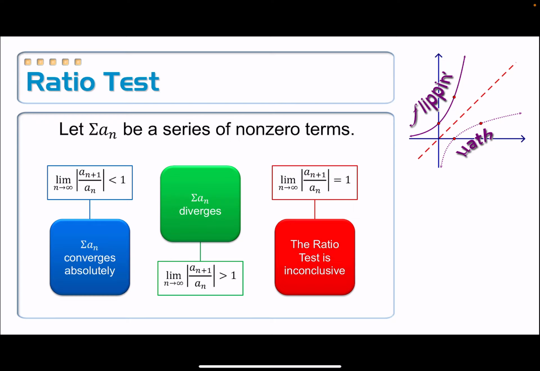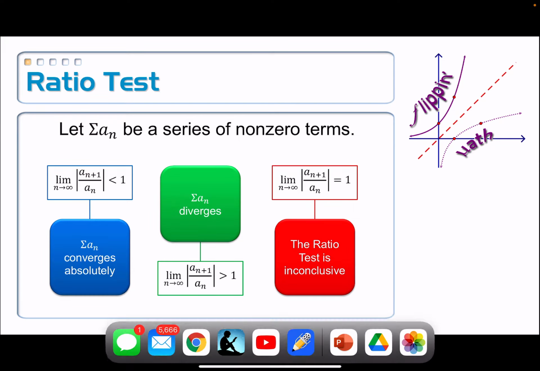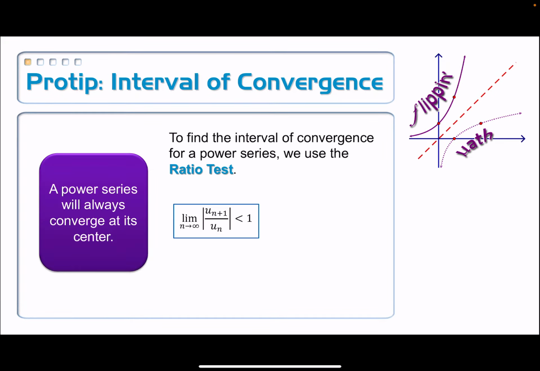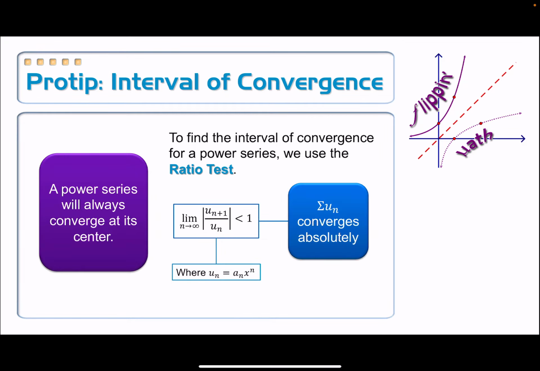It's called testing the endpoints. You'll see that whenever we do a couple of these examples. But the biggest takeaway here is the fact that if we are going to find our interval of convergence, we just simply apply the ratio test.